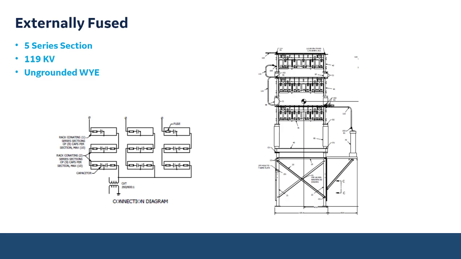You can look at your connection diagram here, where you can see each rack. The first rack coming on from your phase has one series section, and that rack is bonded after there. Then you go around to the second rack, and you have two series sections, and down to your third, and you have two more series sections.